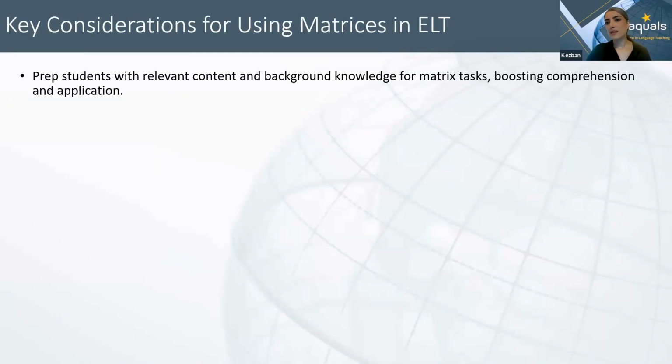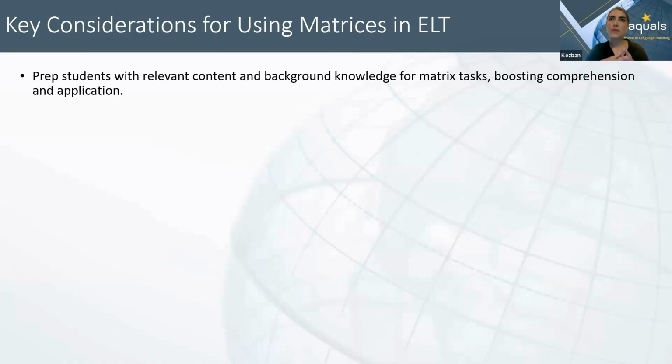So I think the important thing here is preparing students with relevant content and background knowledge to be able to help them comprehend the task and come up with applied ideas.